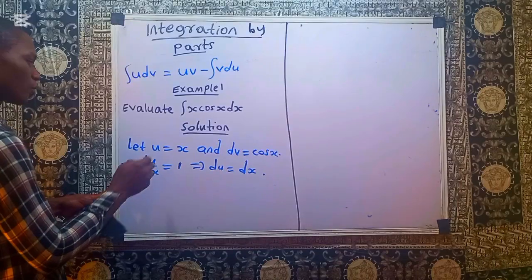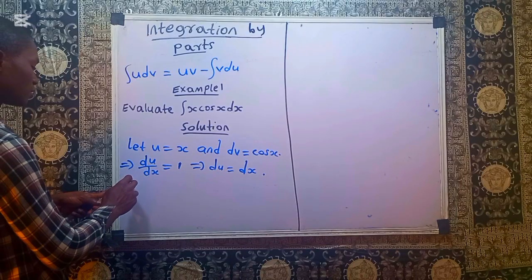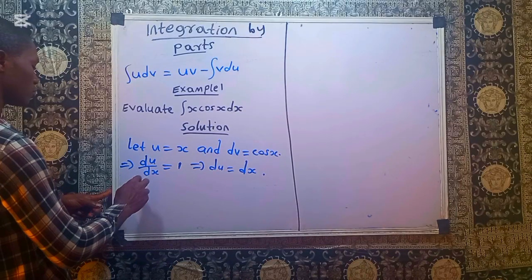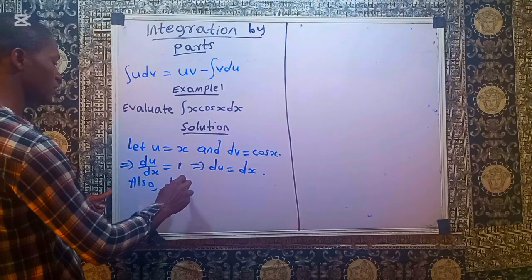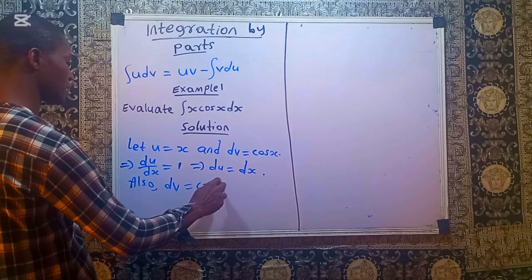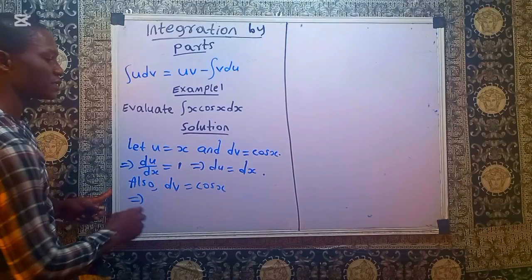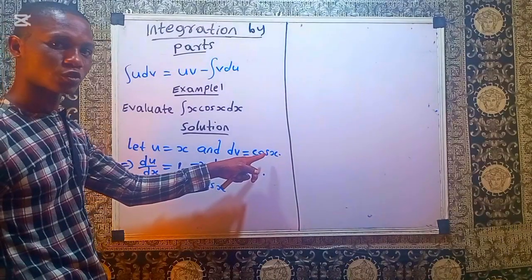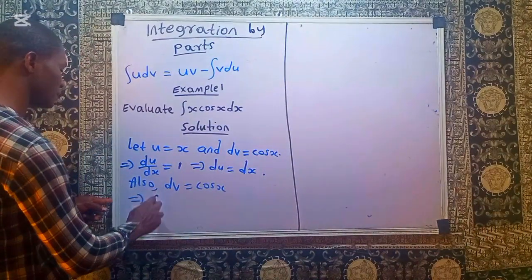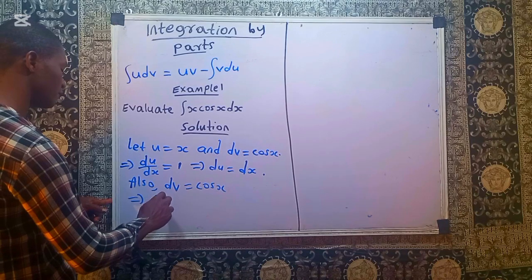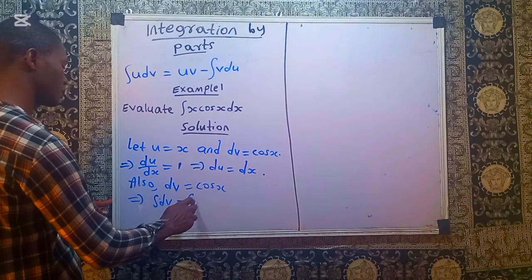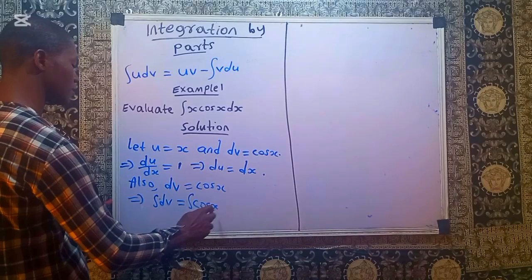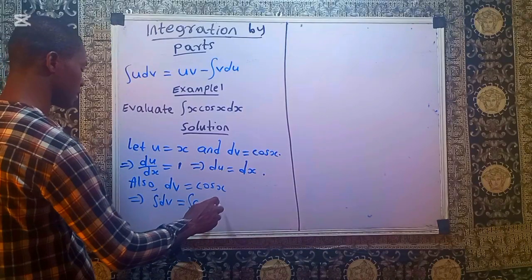Also, we have that dv equals cos x dx. So we have that dv is cos x. This implies that the integral of dv is equal to the integral of cos x with respect to x.